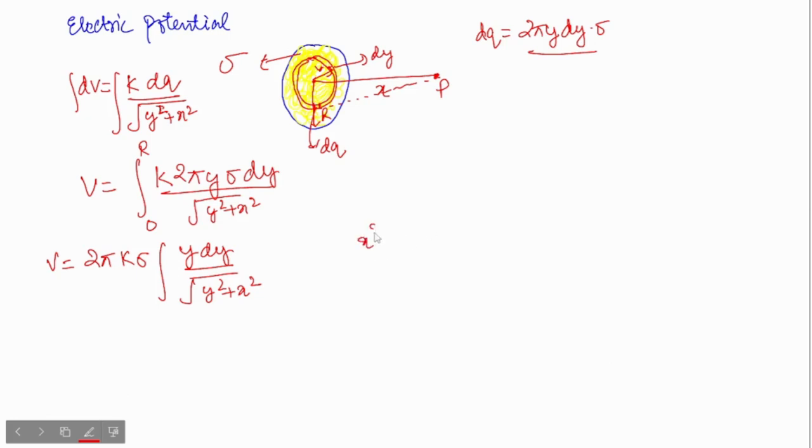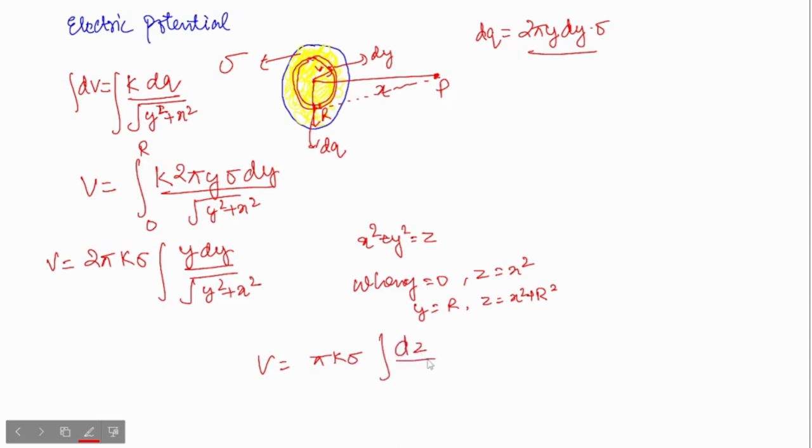Suppose x square plus y square is equal to z. Then when y is 0, z is x square, and when y is R, then z is x square plus r square. So V is pi k sigma, it will be dz upon root of z.